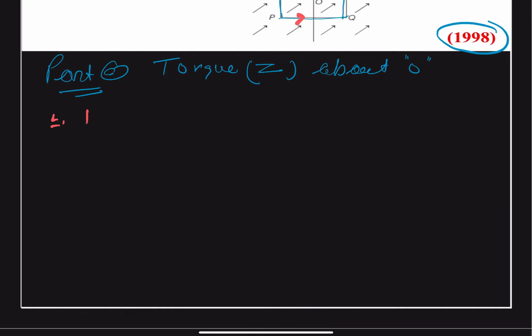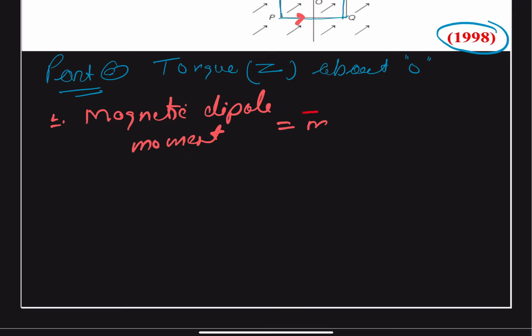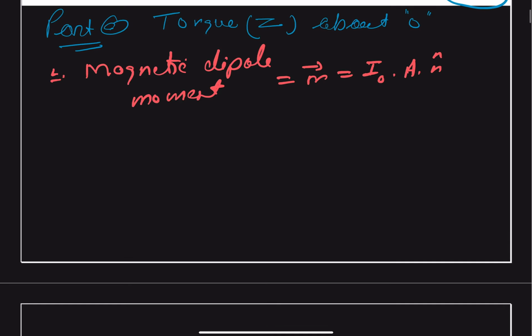So we say magnetic dipole moment, that is m, will be equal to I0 A n, where n is a unit vector and A is the area of the square.